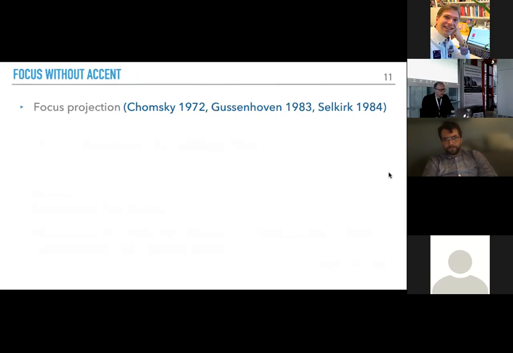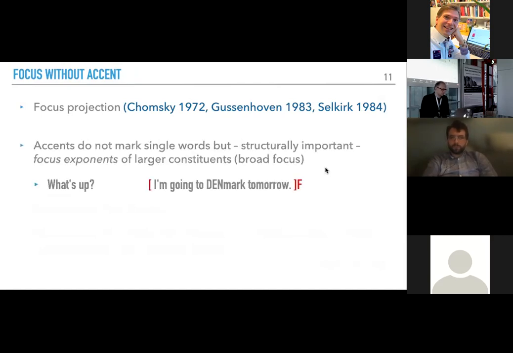One type of counterevidence to a strict highlighting view are cases of focus without accent, such as focus projection. In focus projection, accents do not mark single words, but structurally important so-called focus exponents of larger constituents, which contain several informative elements, as in a broad focus sentence like, "What's up?